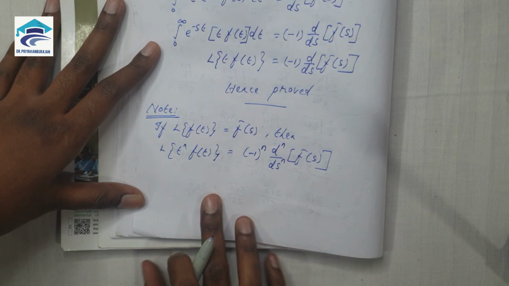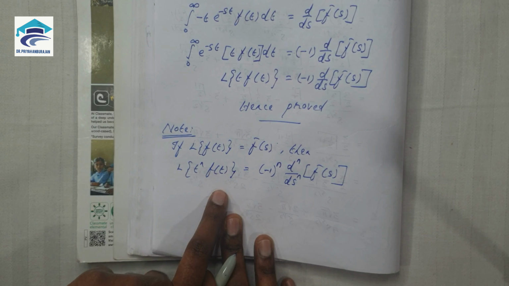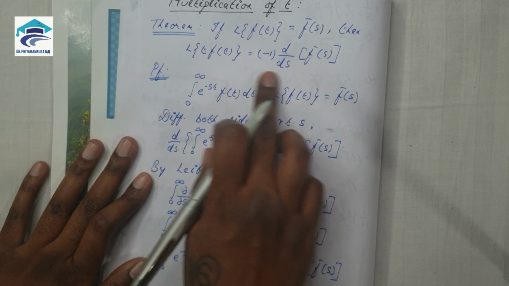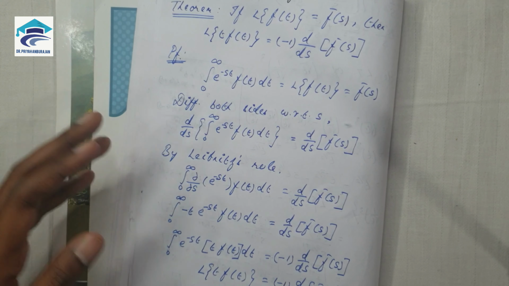So these two are the formulas. This is for L of t power n into f of t, and this is for L of t into f of t. You can use these two formulas to solve the problem.